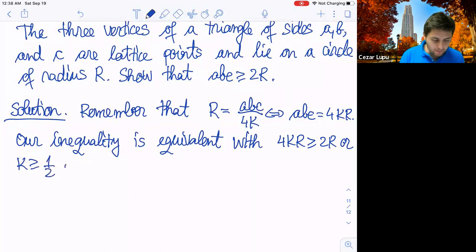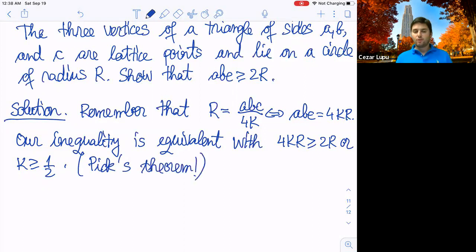So in other words, it says that if you have a triangle with its vertices lattice points, then its area is at least 1/2. Well, I'll leave this to you to prove. But the only thing I could tell is to look for Pick's theorem. Try to Google it.